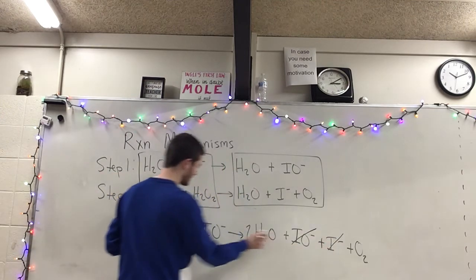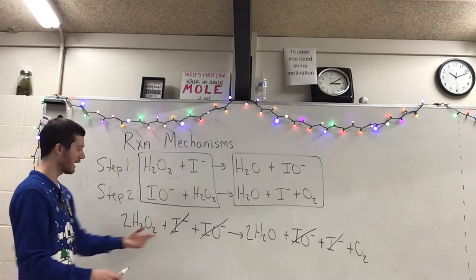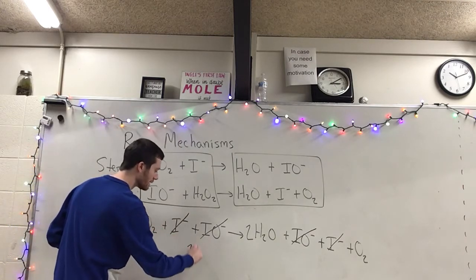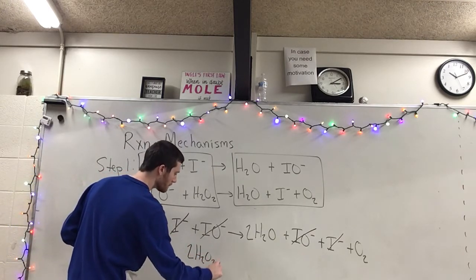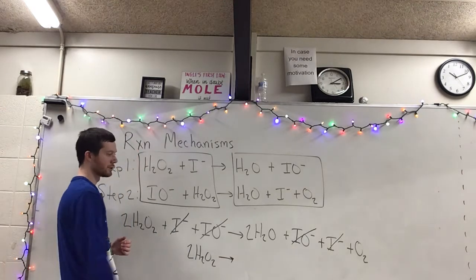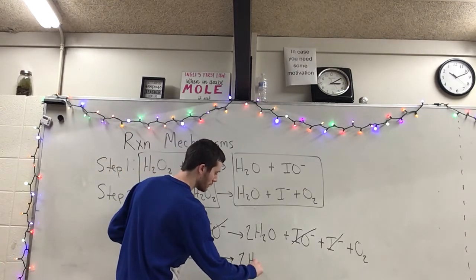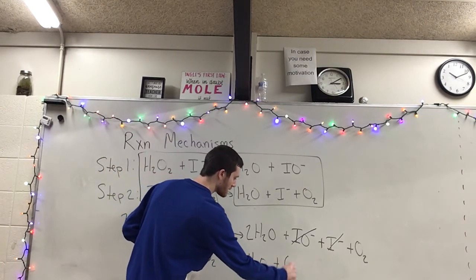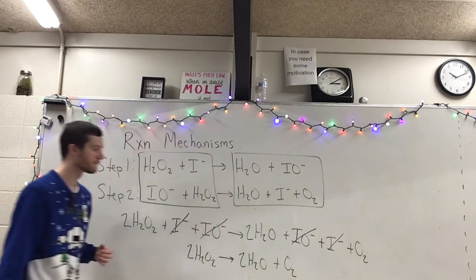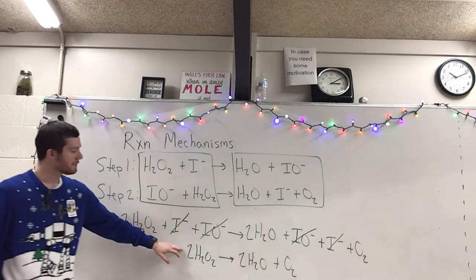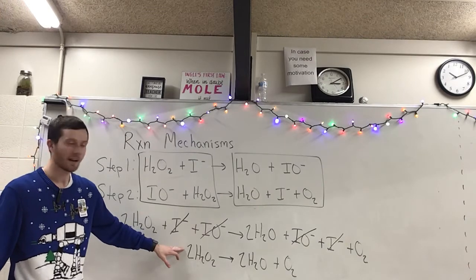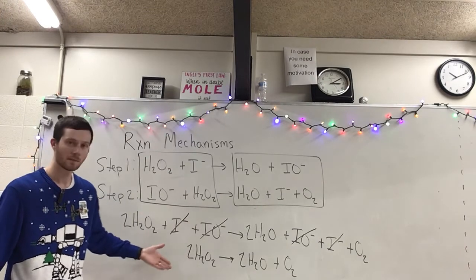The IO minus is going to cancel on both sides. And then you're left with 2H2O2 breaking into two H2Os plus an O2 molecule. So this would be, in this situation, our overall reaction, and you'll notice that it's balanced.